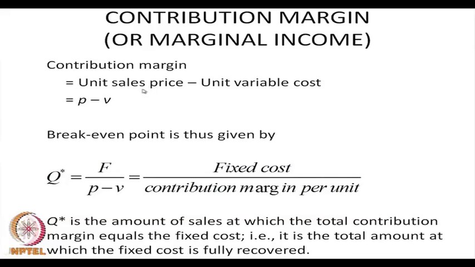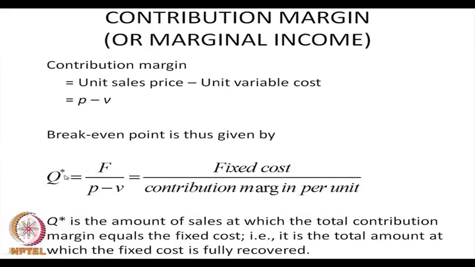It says if one item is produced and sold, it will give a revenue of P and the variable cost is V, then the contribution to profit is the contribution margin, which is P minus V. Now, P minus V comes in the denominator. This is the contribution margin per unit. F is the fixed cost.